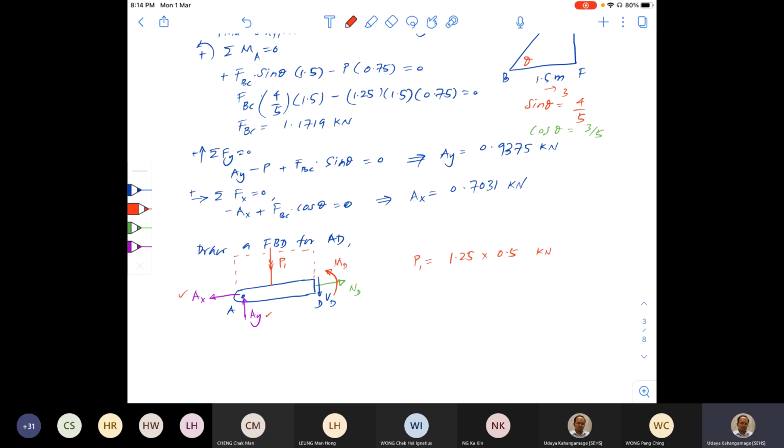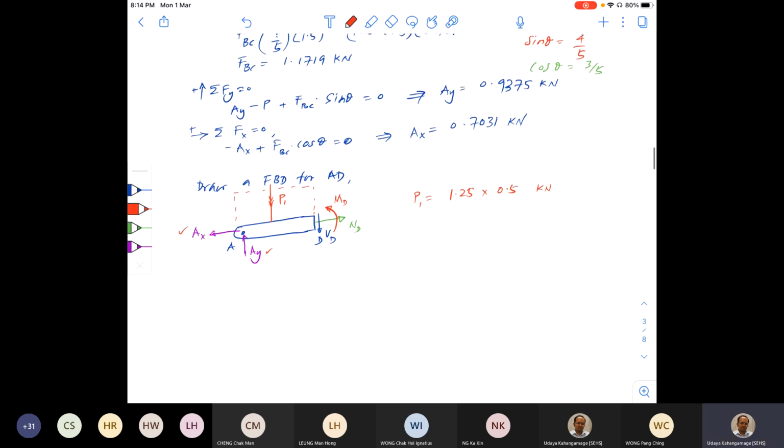So our target is to find out these three, ND, VD, and MD. So can you find out ND first? To find the ND, you write your equation of equilibrium in x direction. Sum of Fx equals 0, that means ND minus AX, anything else? Nothing, right? Equal to 0. So from this one, you can find out ND.